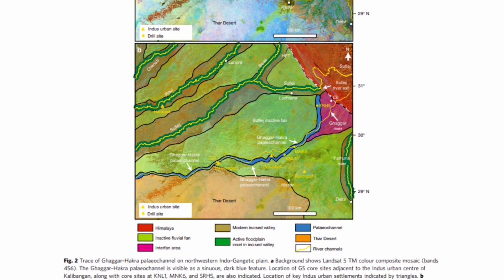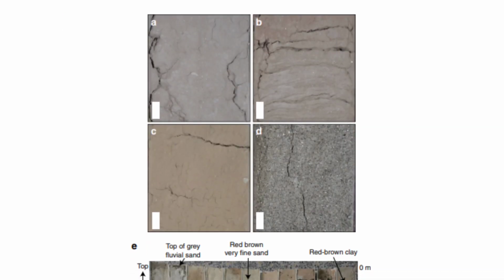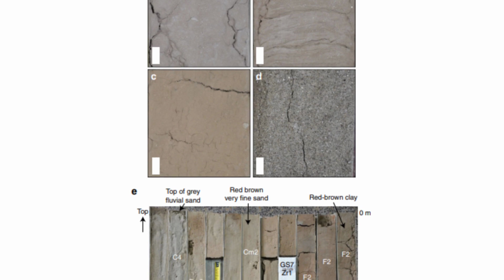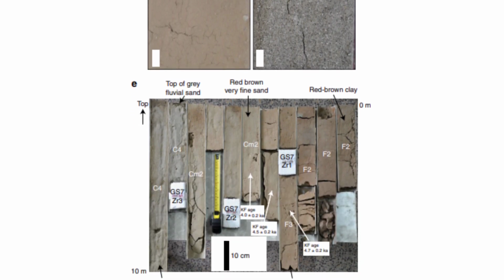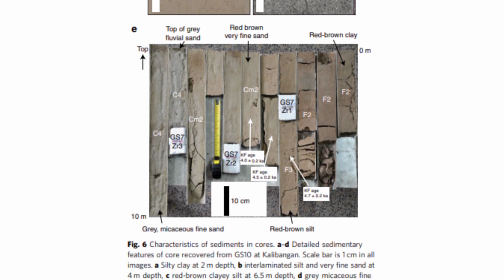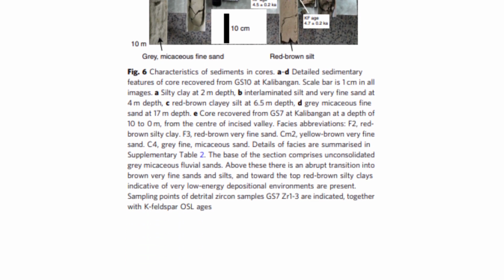And I think they've also referred to Rakhigarhi, which is on the bank of a paleochannel of Ghaggar-Hakra, and has been dated to be at least 2000 years earlier than Harappa and Mohenjo-daro along the bank of the Indus.